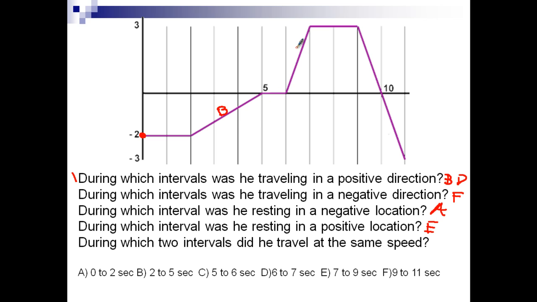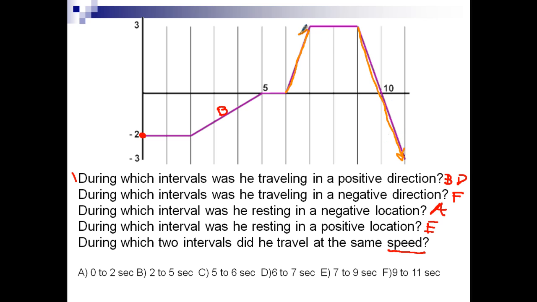So he's traveling the same speed. Remember, speed is different than velocity, and velocity is speed with a given direction. So if I'm just talking about speed, I don't care which direction it is. I just want the absolute value of the slope to be the same. So that occurs right in here. I find the slope of this line and the slope of this line. They're going to have the same values, except this one's going to be negative.